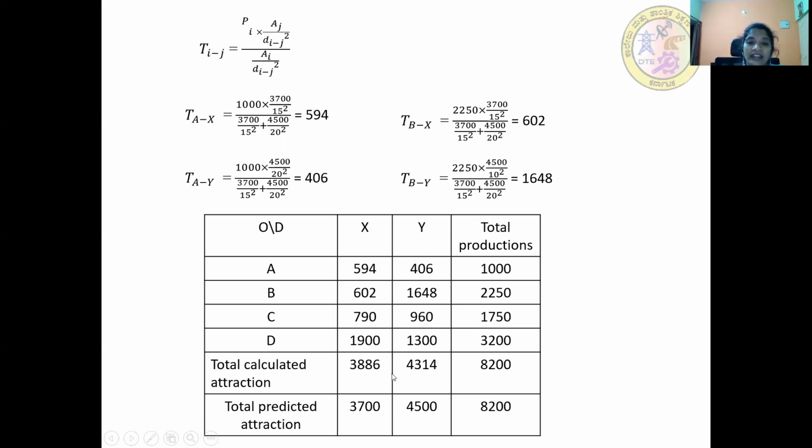Later you can calculate the total calculated attraction and total production. Here you are comparing the total calculated attraction, and you can observe that there is variation in these values.